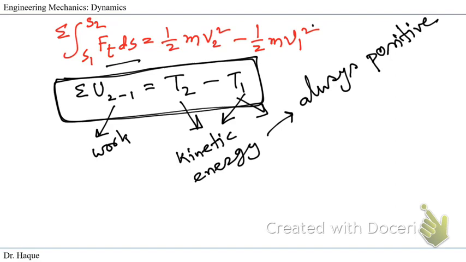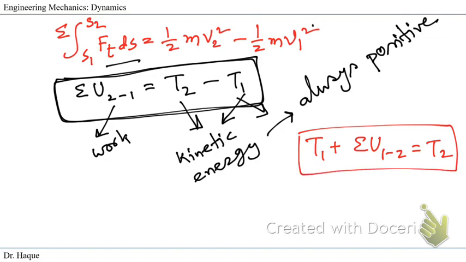This can also be written as T1 plus the summation of U12 equals T2. This is also a form of the principle of work and energy, which tells us that the initial kinetic energy plus the summation of the work done equals the final.